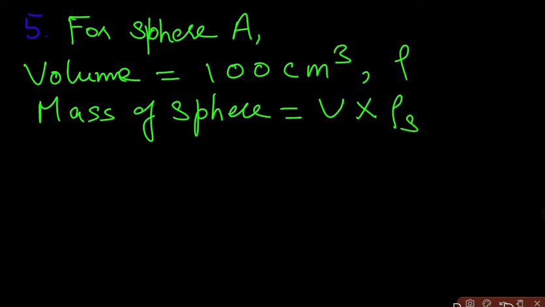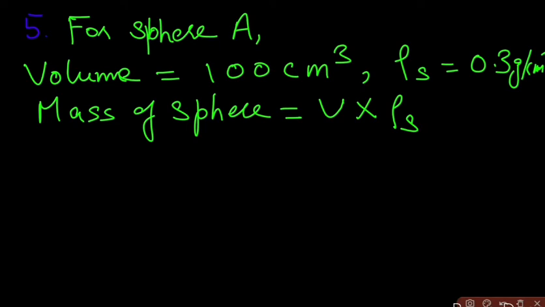Here the rho s is also given to us, which is 0.3 gram per centimeter cube.